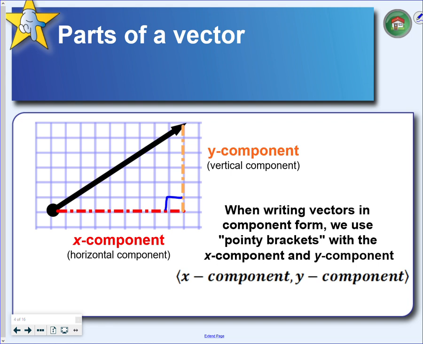You know how whenever you have a point on a graph, like if this was 0, then this point right here would be like 1, 1, right? You've got your x component, y component. You can refer to an entire vector using pointy brackets, where you make this part right here the x component, and the yellow part right here the y component.